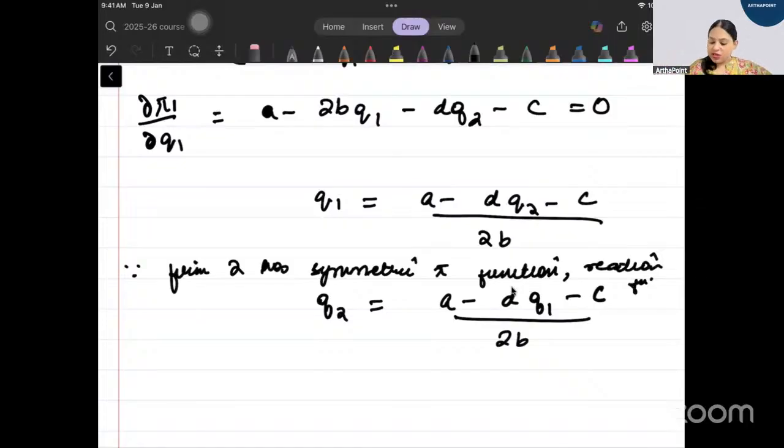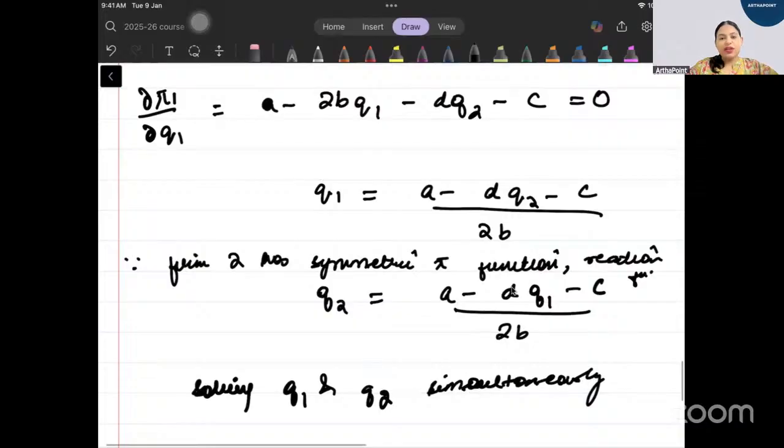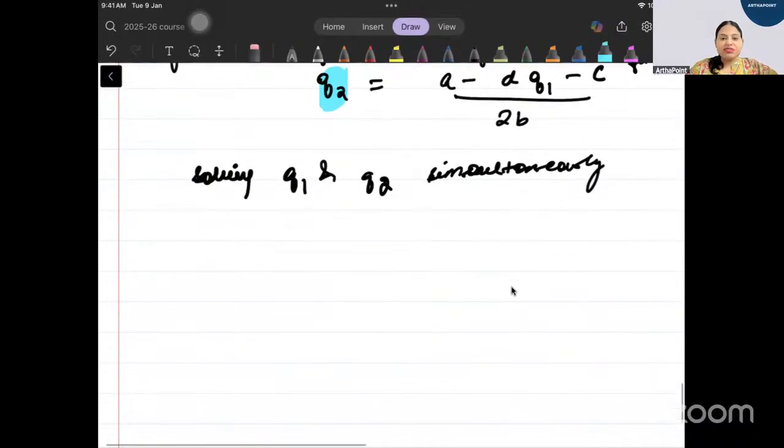Okay. Now again, solve Q1 and Q2 simultaneously. Solve Q1 and Q2 simultaneously and you can get the answer. I'm leaving it to you as a homework. ठीक है, Q2 को यहाँ पे plug in करो, Q1 का answer आ जाएगा, Q1 का आ जाएगा तो वापस Q2 निकाल लो, right?